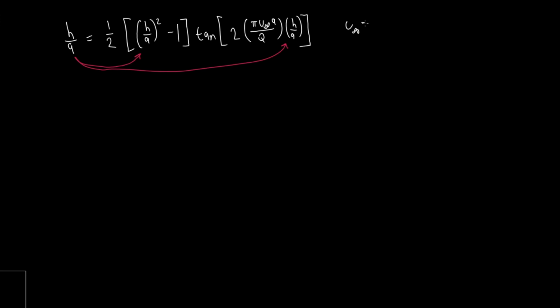Again, u infinity is 10 feet per second, a is 6 feet, q is 40 feet squared per second, and then h over a is what we're going to be substituting in. So we'll start with an h over a value of 0.2. That's just a guess, just a shot in the dark. Let me rewrite that. We'll plug in 0.2.